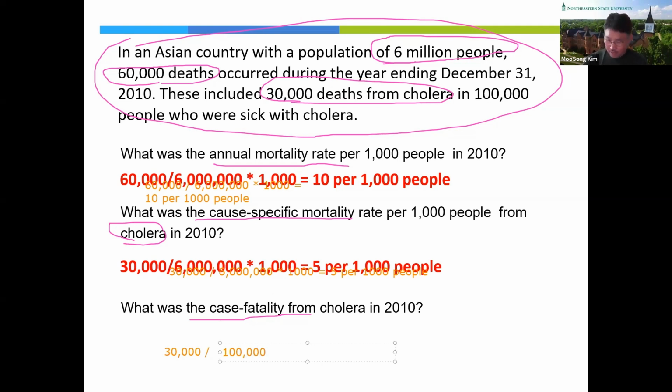And times the constant? No, we need to use percentages, right? So times 100. So we got 30 percent. So that is the case fatality rate. So depending on the type of mortality rate, we need to use different information, right? So please keep in mind what kind of information we need for a specific mortality rate. Okay, very good.